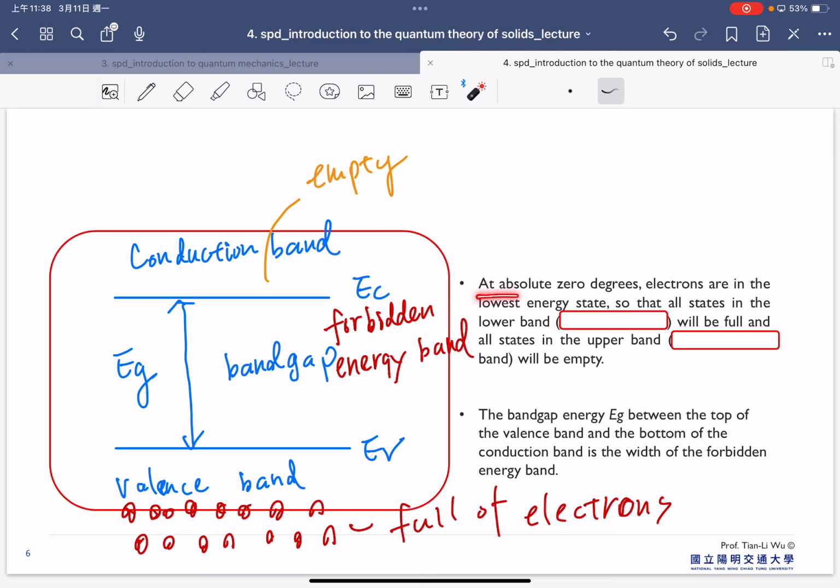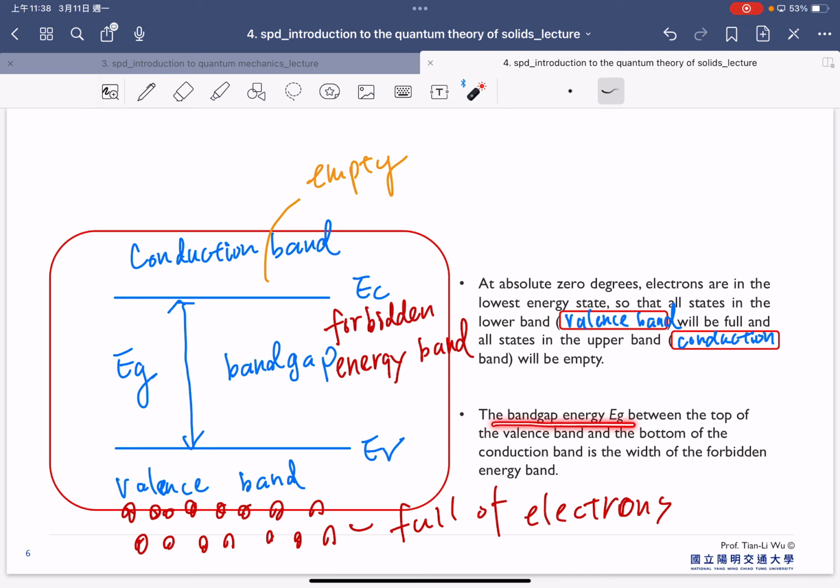At absolute zero, electrons are in the lowest energy state, so they all stay in the lower band. This is the place we call the valence band, which will be full. The upper band, which we call the conduction band, will be empty.